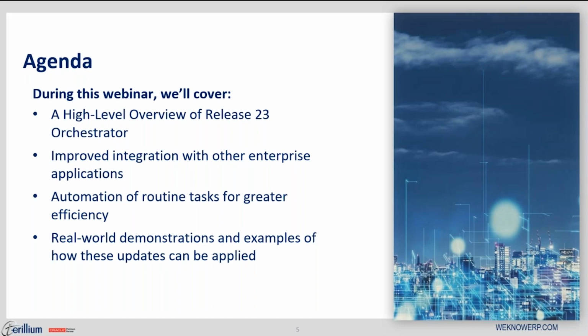You can now determine at runtime which version to grab when you're pushing the same button inside of Orchestrator. That was a limitation in the past, and now you can pass in a variable to determine which version you want to run of that individual UBE.